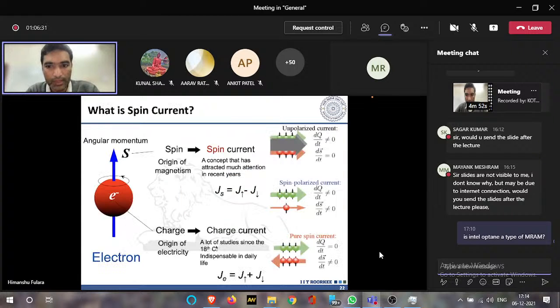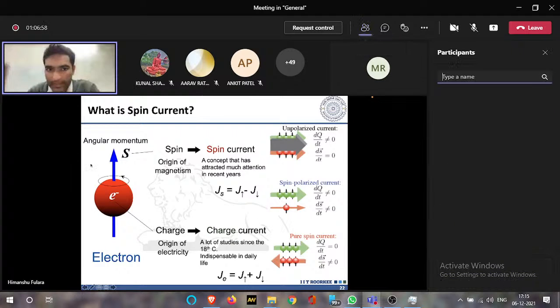Now I am introducing a very different concept, and I think you are not aware of this concept. As I mentioned, the electron has a charge as well as spin, which is associated with angular momentum. Now you know about current, which is electrical current: the flow of charge gives you the charge current, which is quite an old concept.